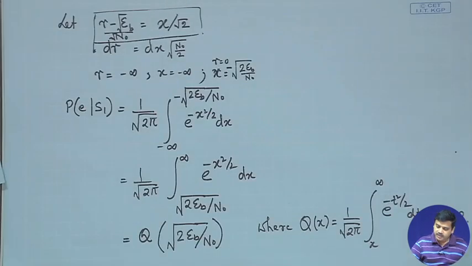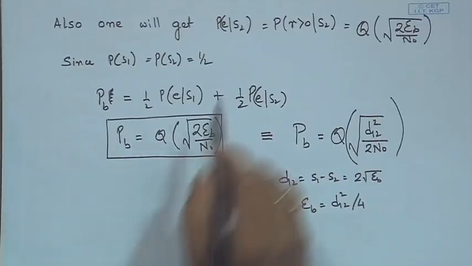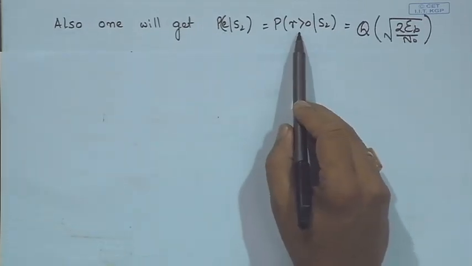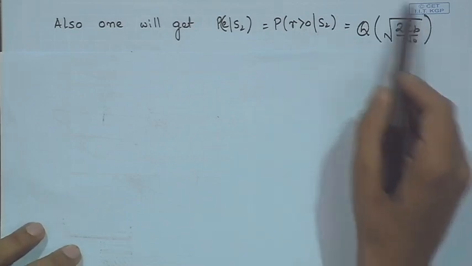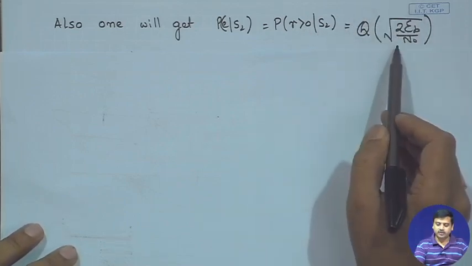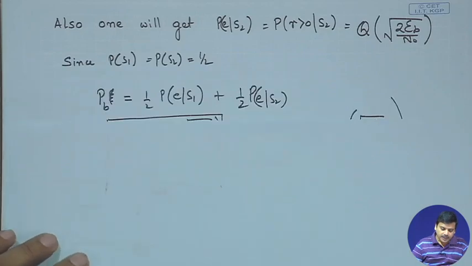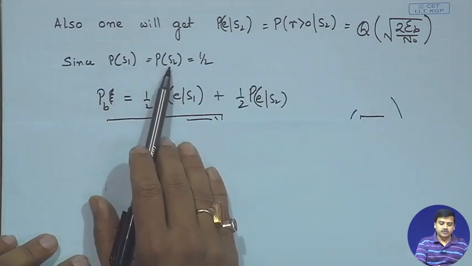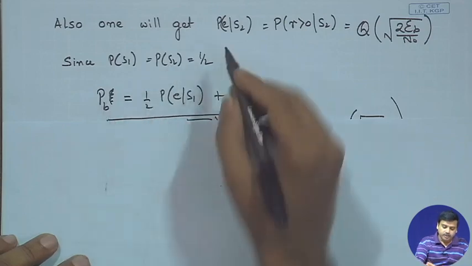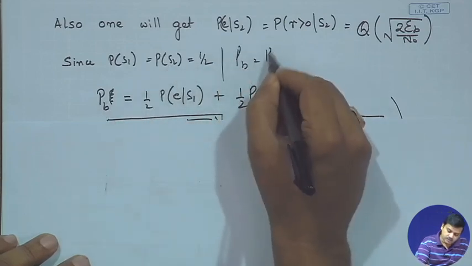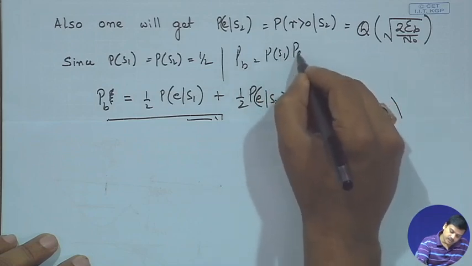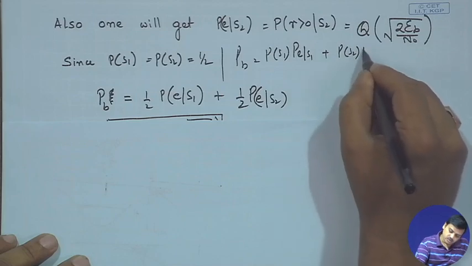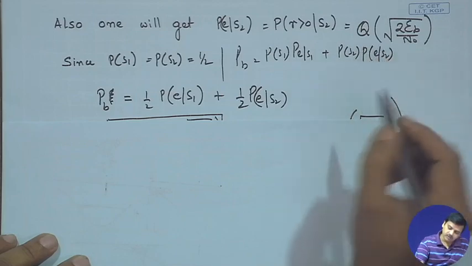So, the probability of error given S2 is what we just described: the probability that the received vector is greater than 0 given S2, which is the same Q function that you end up with. Since the probability of sending S1 is equal to the probability of sending S2, which is half, the probability of bit error is P of S1 multiplied by P of error given S1, plus P of S2 multiplied by P of error given S2.